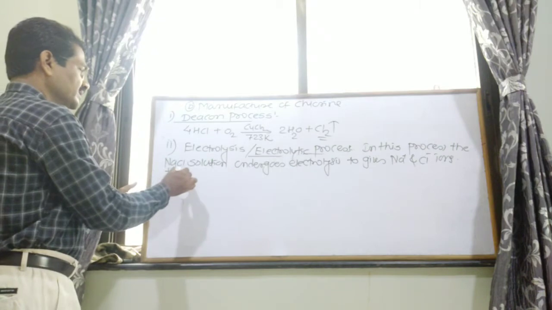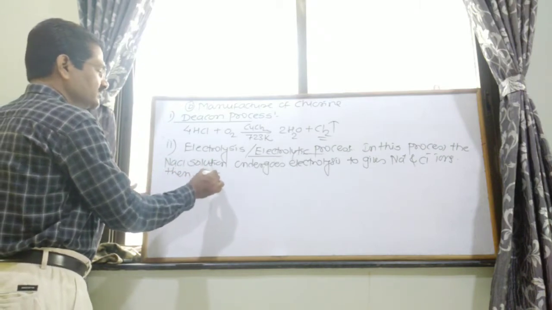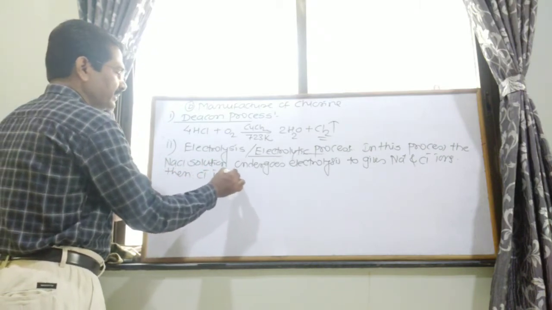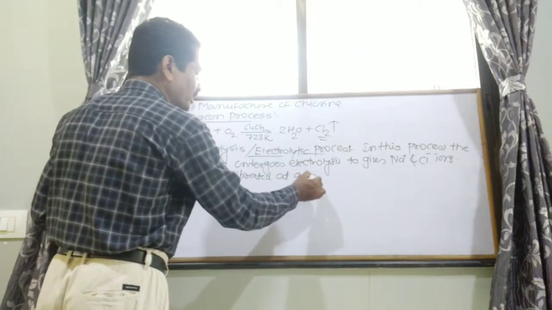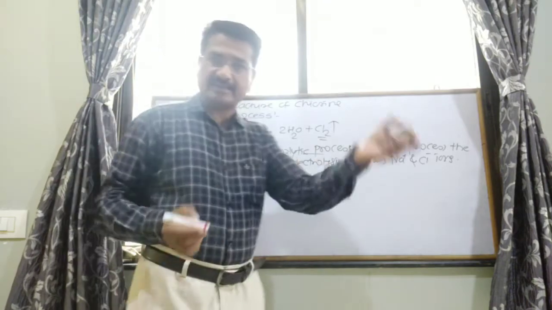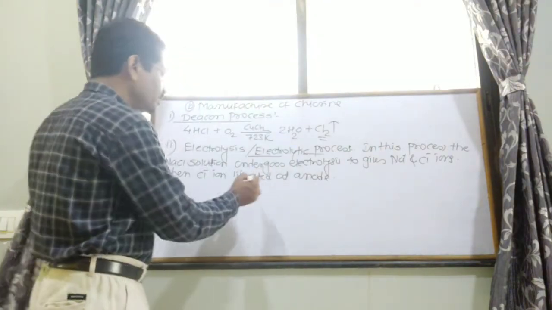Then Cl minus ions are liberated at the anode and collected there. How?